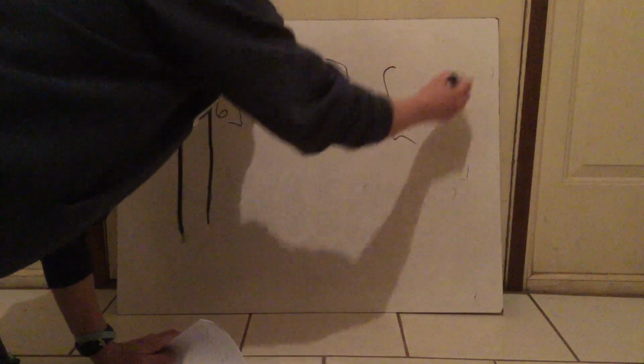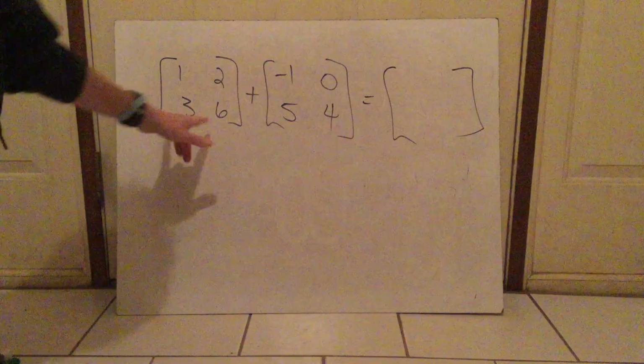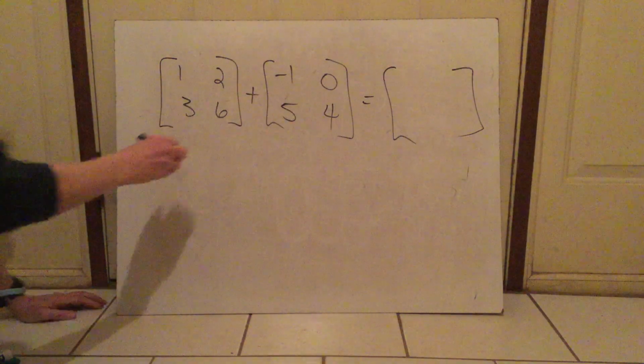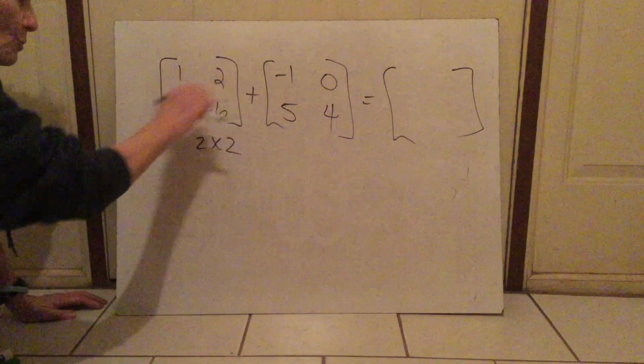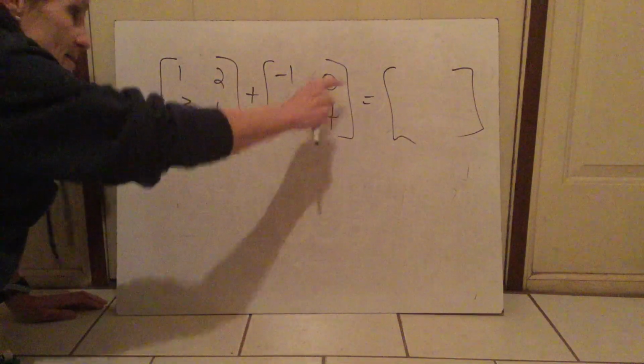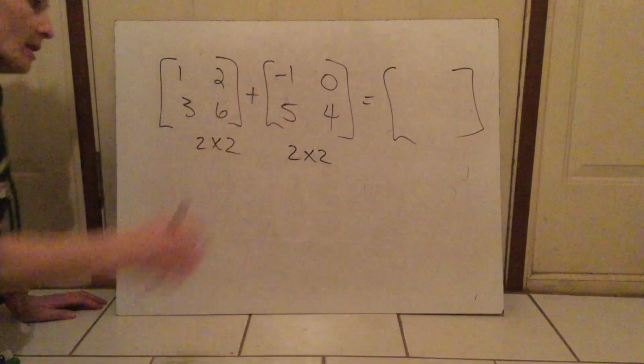So our rule for addition is, remember what it is? You can't add unless they're the same size. Well, what are the dimensions of this matrix? 2 by 2. 2 rows, 2 columns. What are the dimensions of this matrix? 2 by 2. 2 rows, 2 columns.